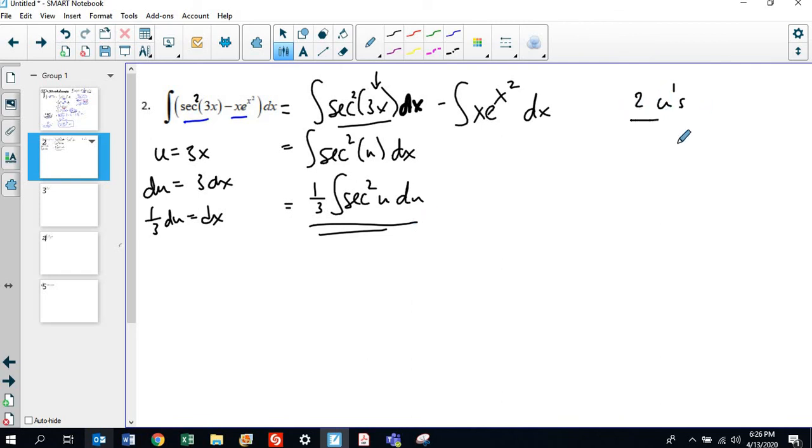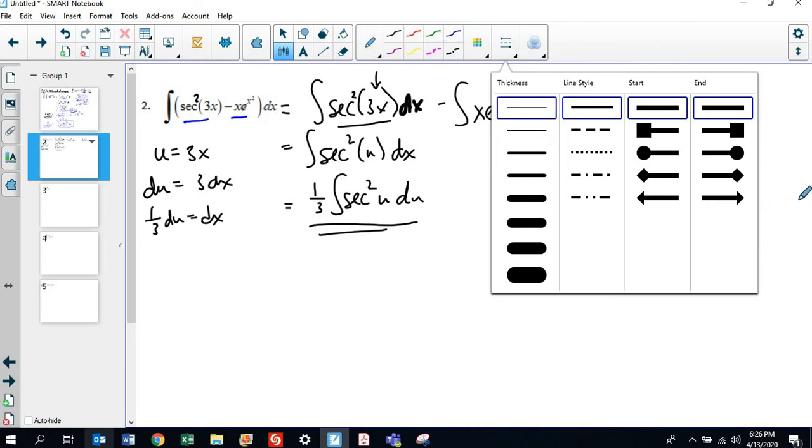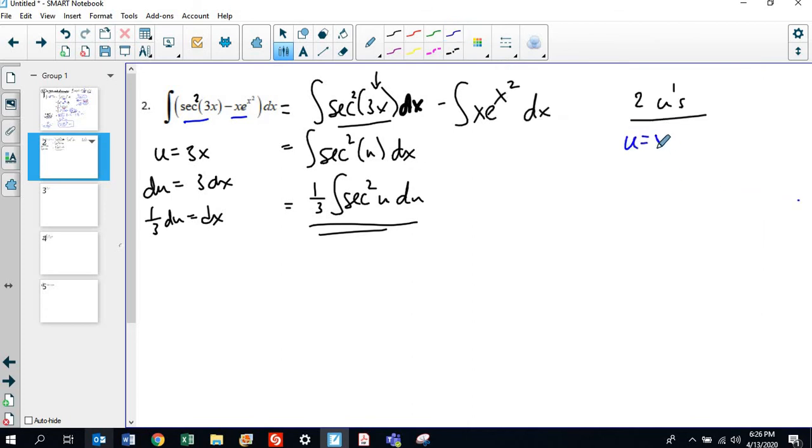Over here, I'm going to do a different u. Let's put it in a different color. I'm going to do u equal to x squared. Why did I pick x squared? Because that's the power of e, and we know e to the u is a rule. The power of e is what's inside of another function. The function is e to the x, so we have x squared inside of that.